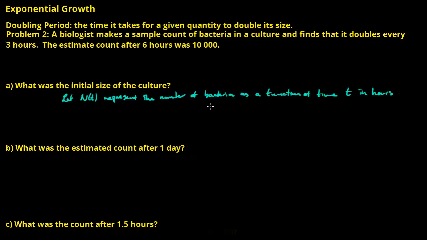So n of t is the number of bacteria as a function of time in hours. Let's also think about how we could get the initial size of the culture.